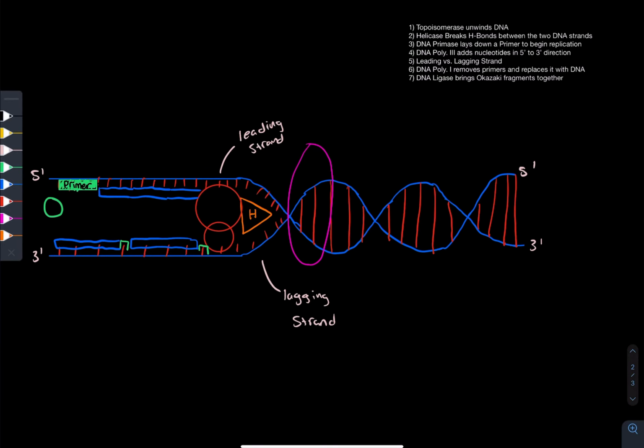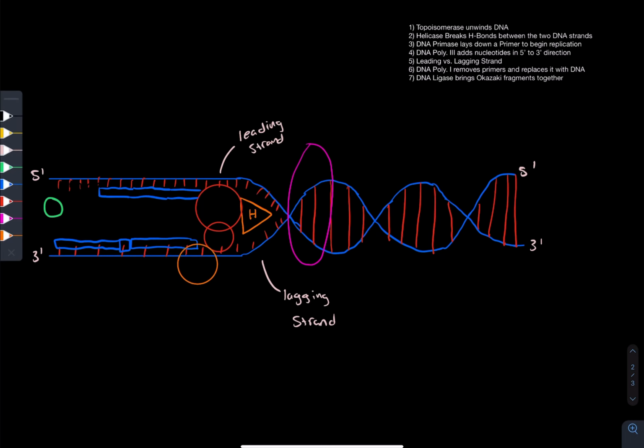So the next thing we need to know is that DNA polymerase 1 is going to come and remove these primers that were left, because these primers took space where DNA could be. So these primers are going to have to be filled in with little gaps of DNA, and that's what DNA polymerase is going to do.